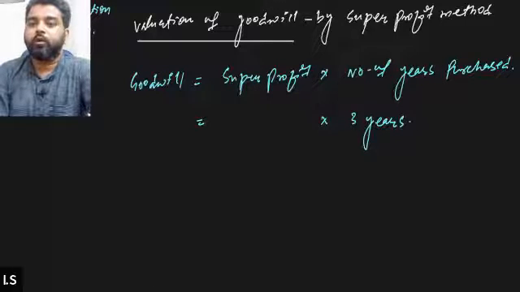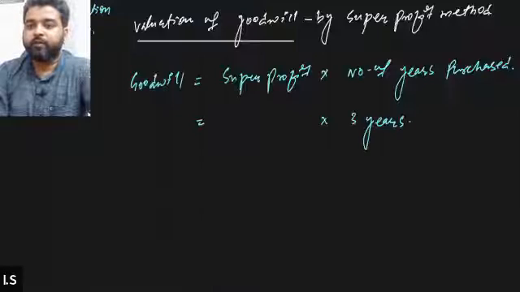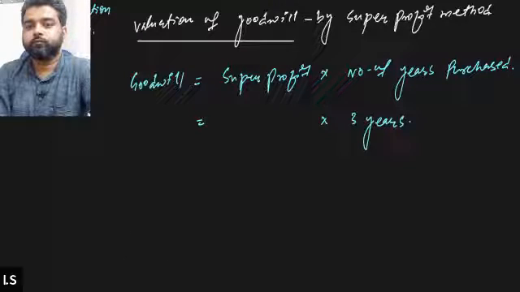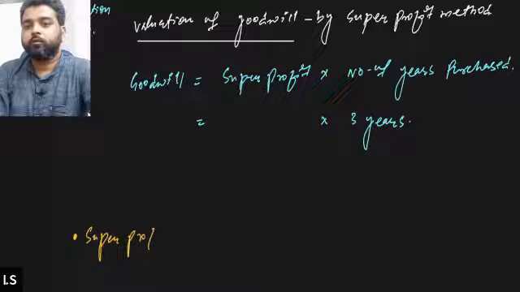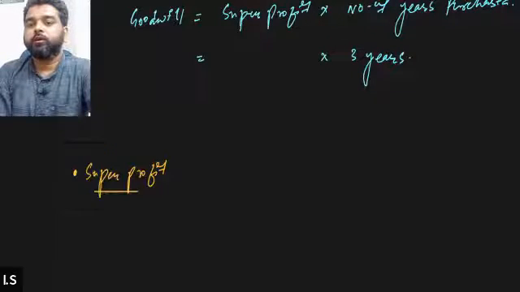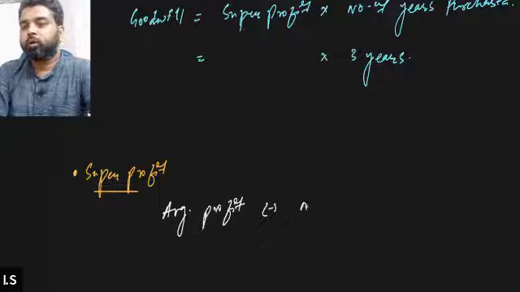All right, now all we need to do is find out the super profit. So for finding out the super profit, we are provided with some information. We have this formula for calculation of the super profit: average profit of the firm minus the normal profit of the industry.